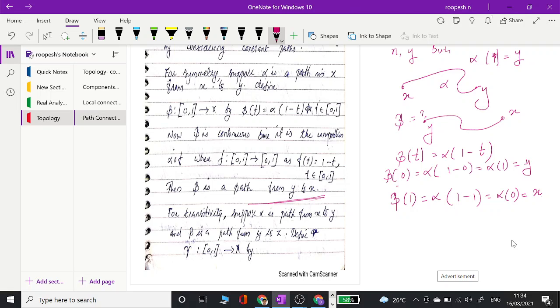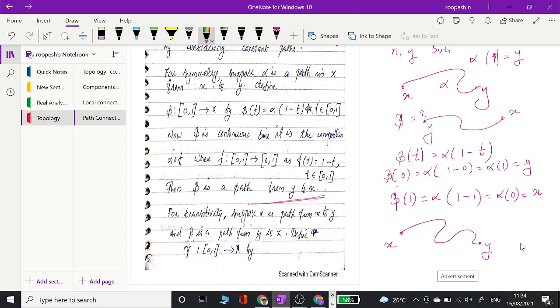Next we want to show that it is transitive, right? For that, what do we have to assume? We want to assume two paths, from x to y and y to z. Suppose alpha is a path from x to y, this is my x, this is my y.